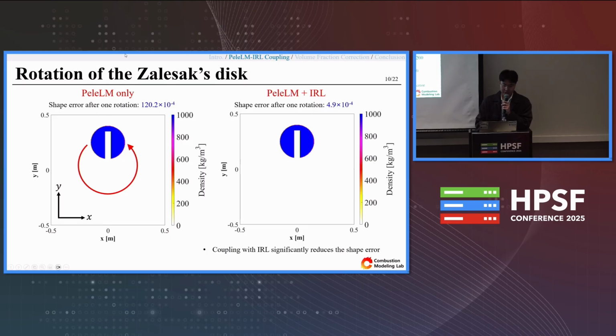The second validation is the rotation of the Zalesak disk.